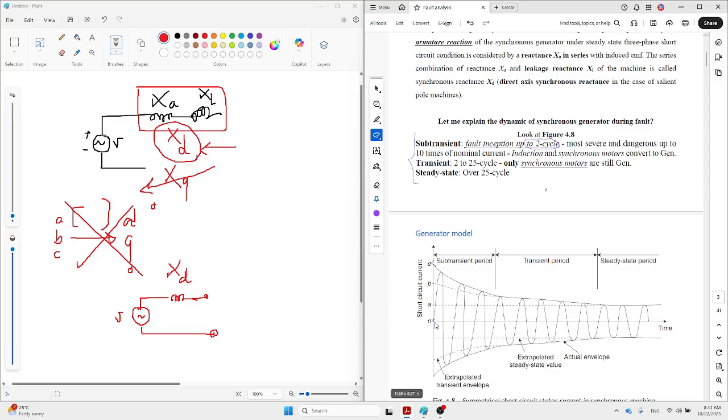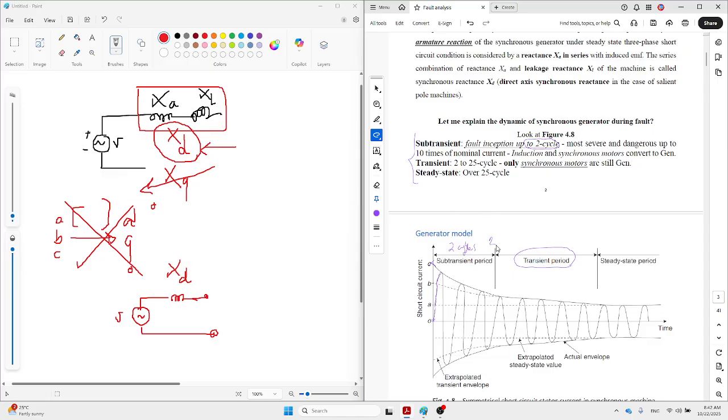If you want the very professional one, it started at this point and reached this. The capping is coming by this curve at the top, so we call it subtransient. This one is two cycles. And then we have a transient period, which is just after two cycles up to 25.